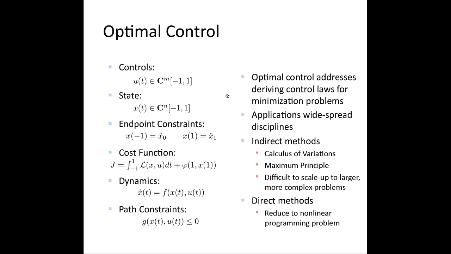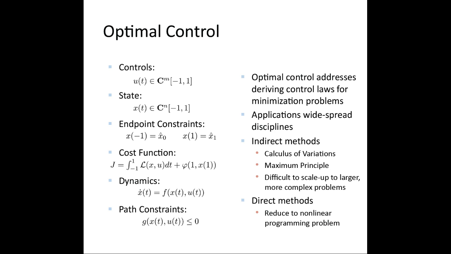So the purpose of optimal control is to derive the minimizing control law u, and many applications exist in science and engineering. Indirect methods include calculus of variations, application of the maximum principle, and other analytic methods, but these are difficult to scale up to larger and more complex problems.